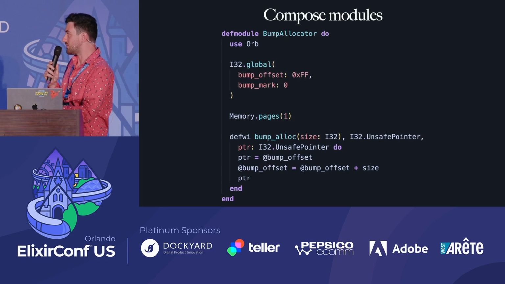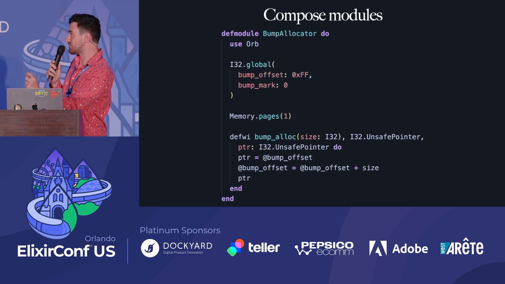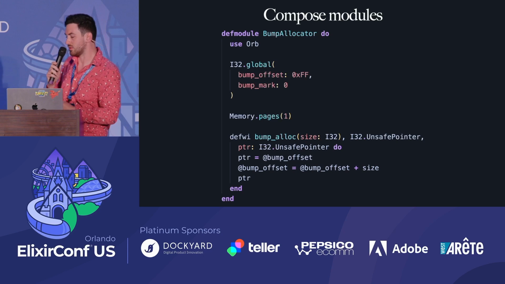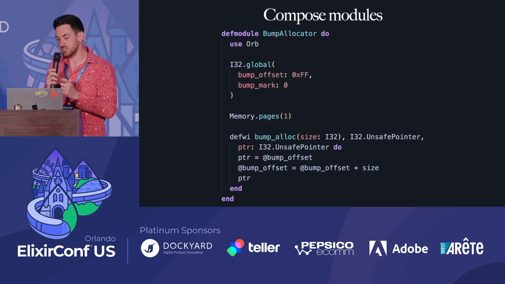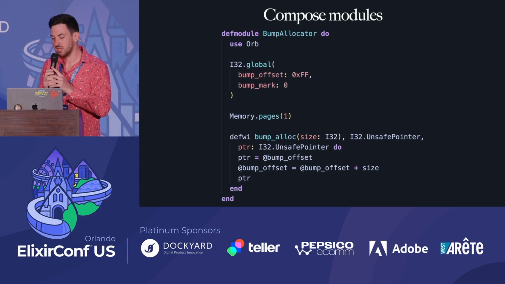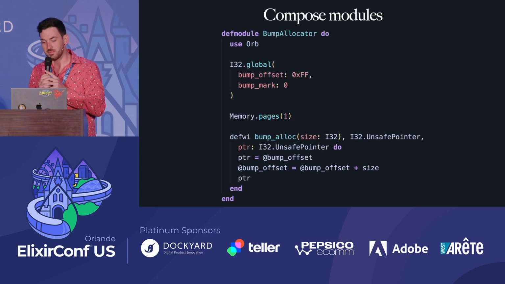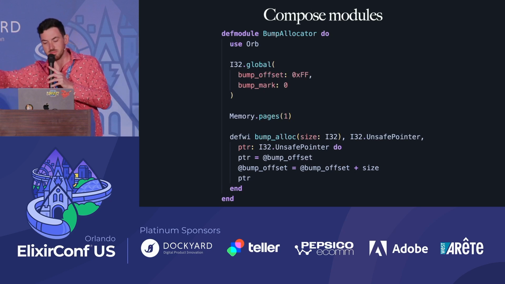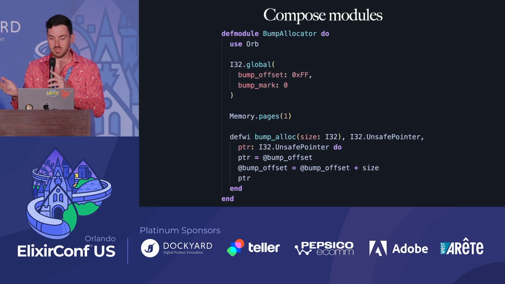In WebAssembly you have 64 kilobyte pages of memory that you ask for one by one. So here we're saying we just want one page of memory because we want to do some stuff with memory, and then we want to allocate this memory. Bump allocate just increments by whatever number of bytes you wanted. This seems like a useful thing to have and reuse.